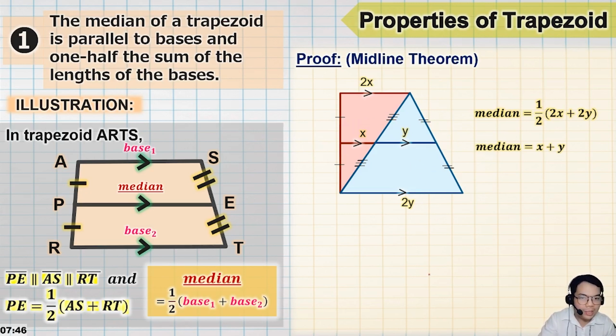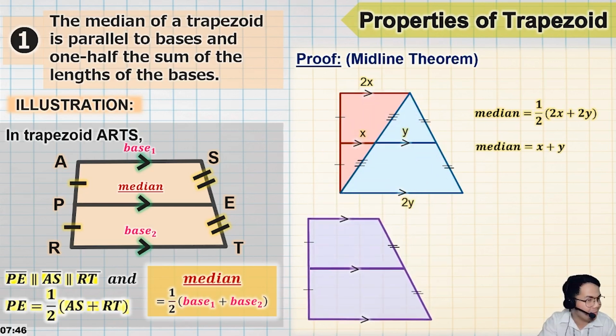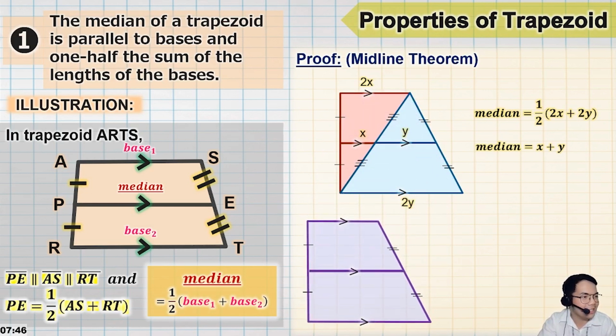Still not convinced? Let's have more visualization of this given property. So, to form it, let's make it a real trapezoid. This is the trapezoid that was formed, and in this case, these are the bases.